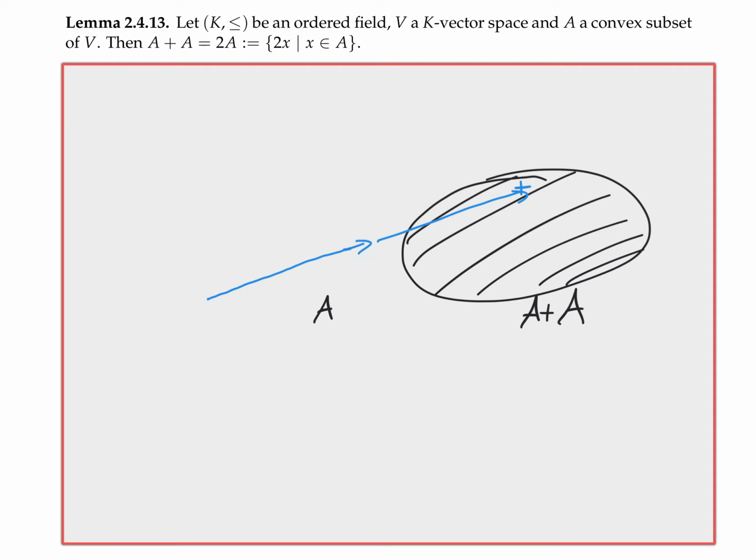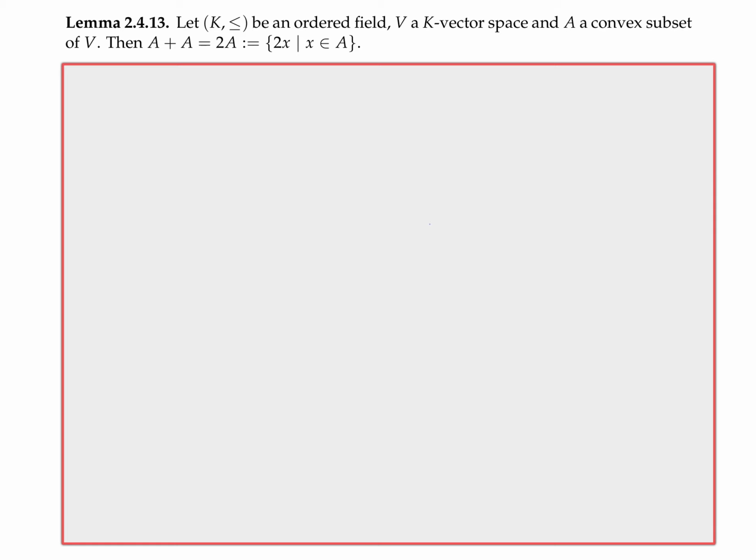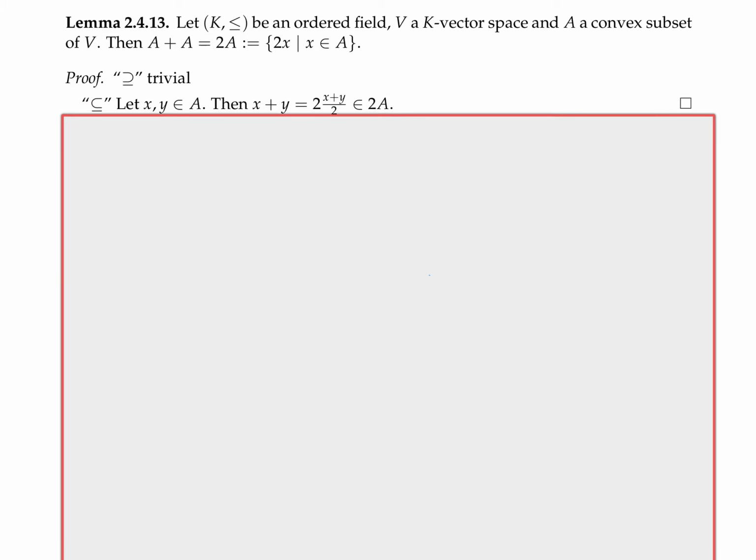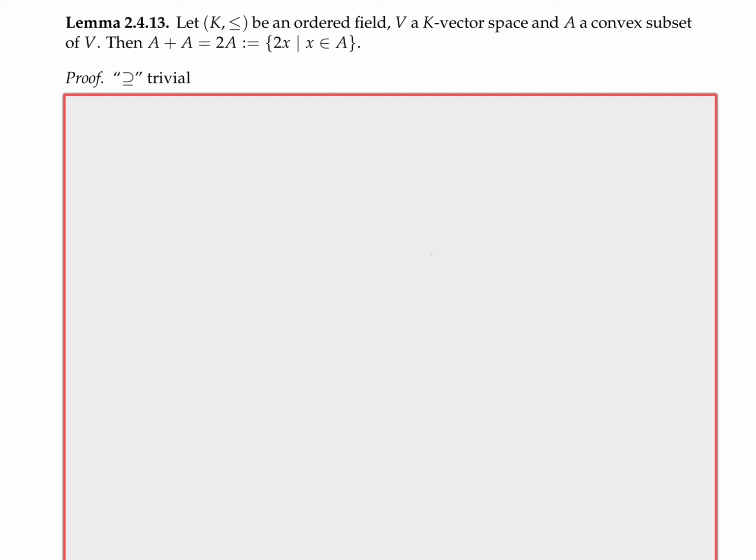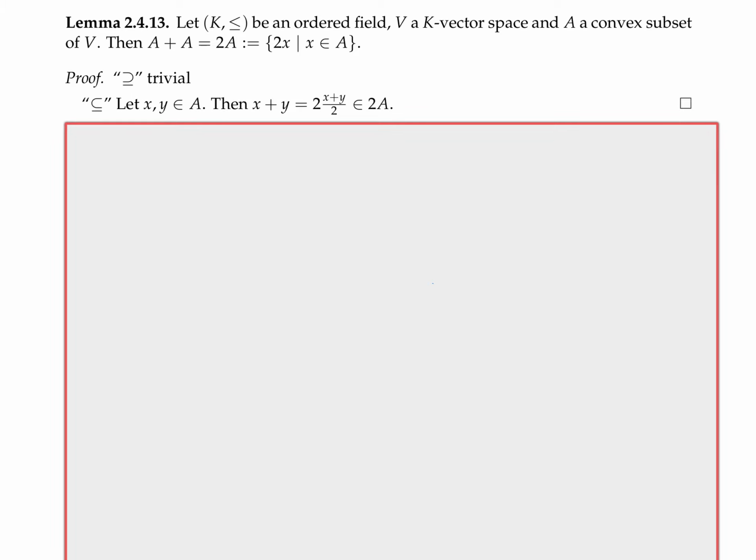So, let's see the proof. So one thing is trivial, and the other inclusion, let x, y be in A, then x plus y is 2 times (x plus y) half, and that's in 2A. And (x plus y) half, of course, is a convex combination of x and y, and therefore lies in A.